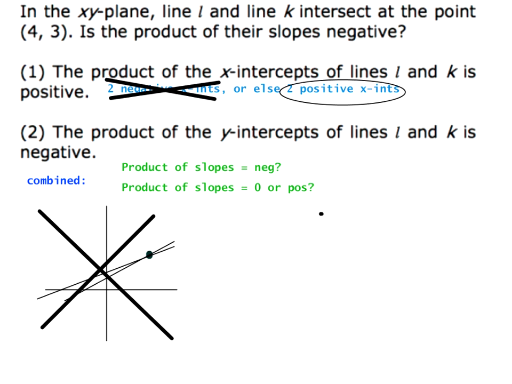All right. Well, let's try that. So the product of the x-intercepts being positive is only going to mean that we have two positive intercepts. And the product of the y-intercepts is negative. So you've got to have somebody hit down here. So you've got to have that.